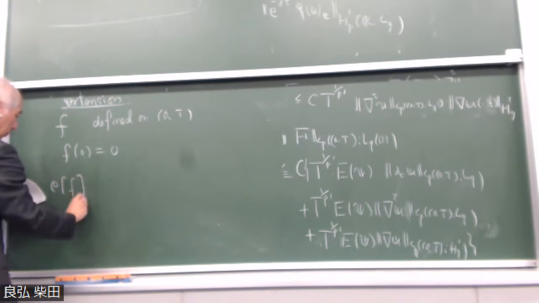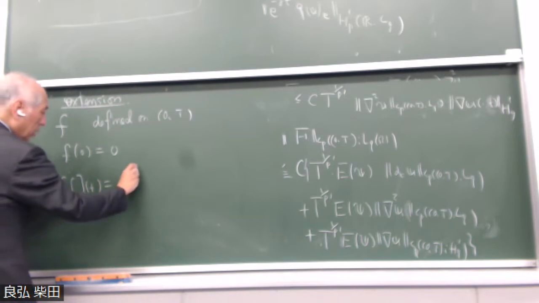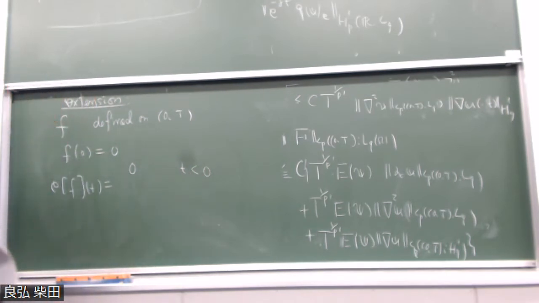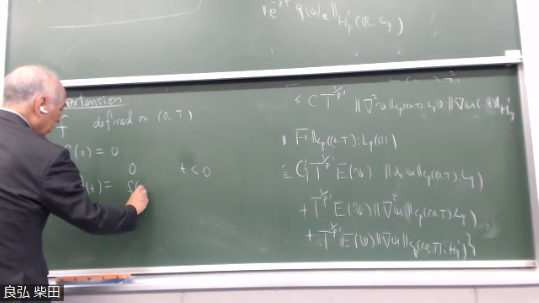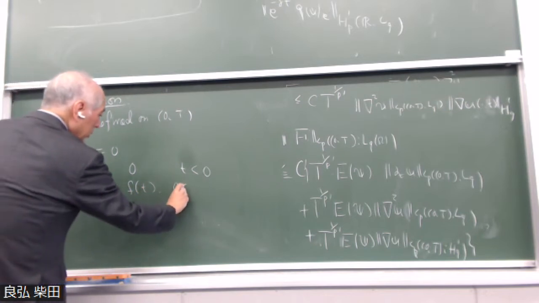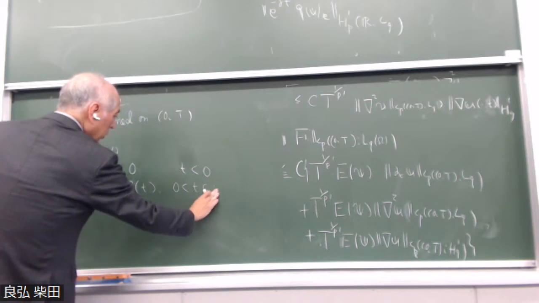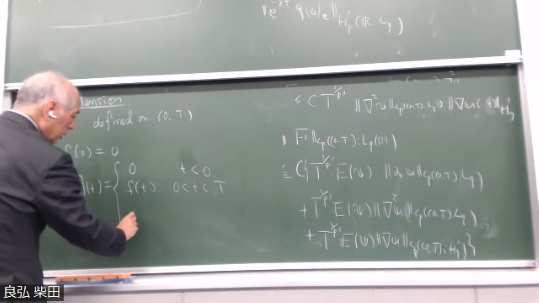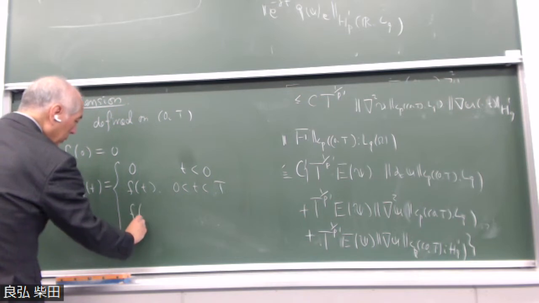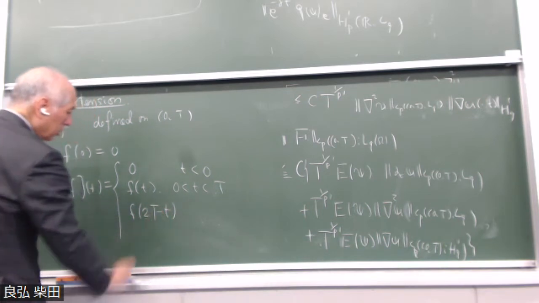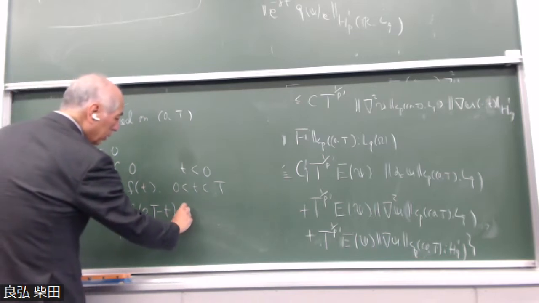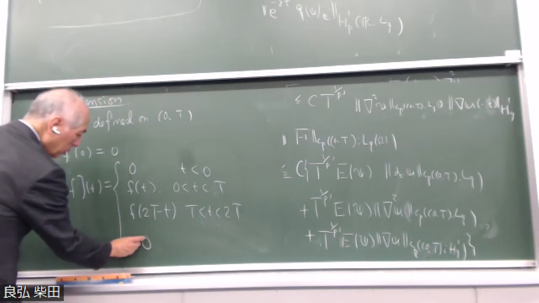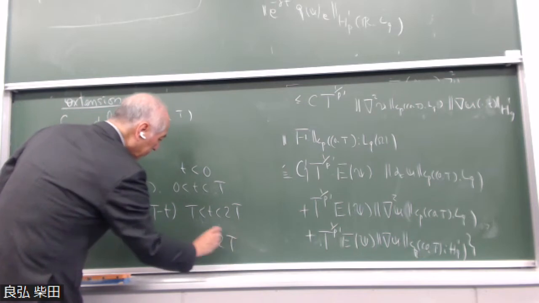Our extension is the following: 0 if t is negative, f of t for t in 0 to T, and 2T minus t when t is greater than T up to 2T, and then 0 for t beyond 2T.